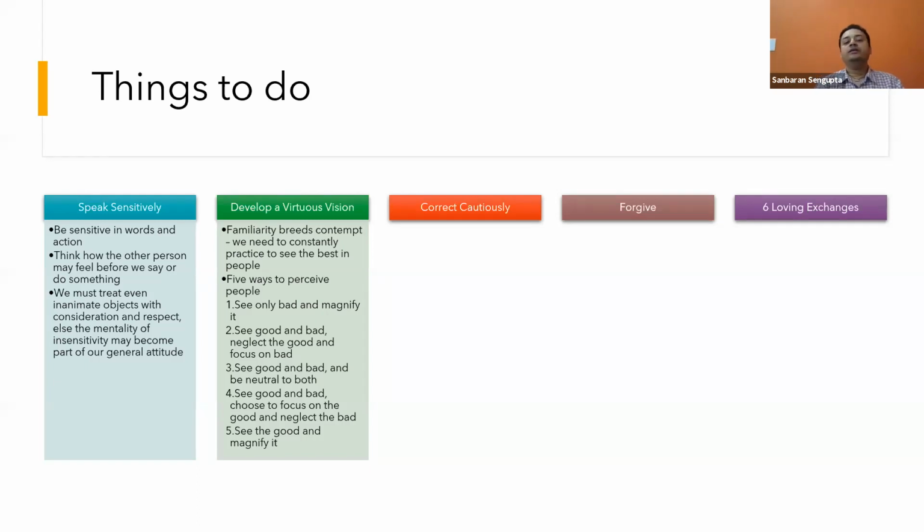See good and bad, choose to focus on the good and neglect the bad. And that, my dear friends, is the formula. Feed the good dog so much and starve the bad dog so much that the good dog eventually wins over the bad dog.